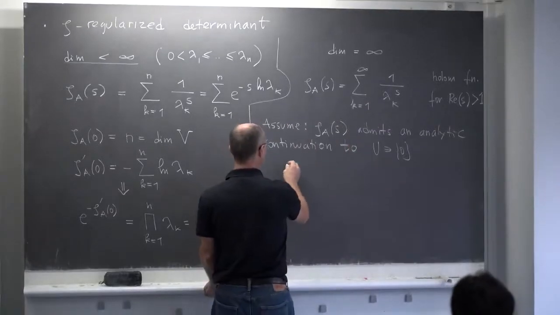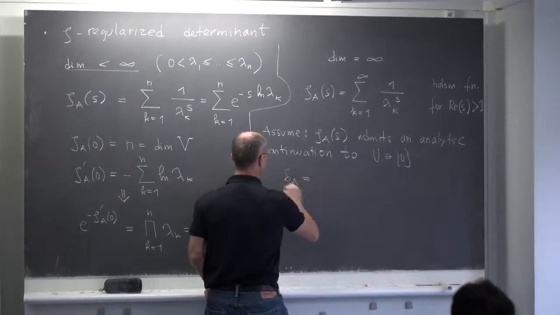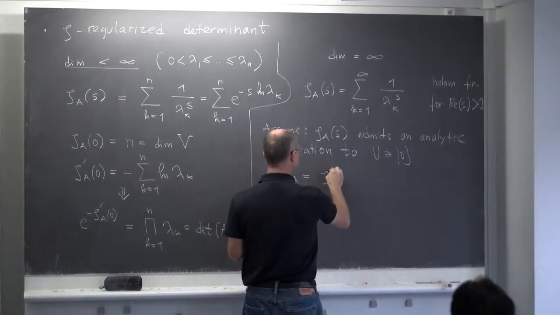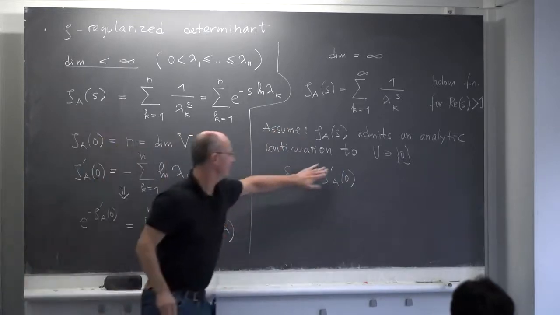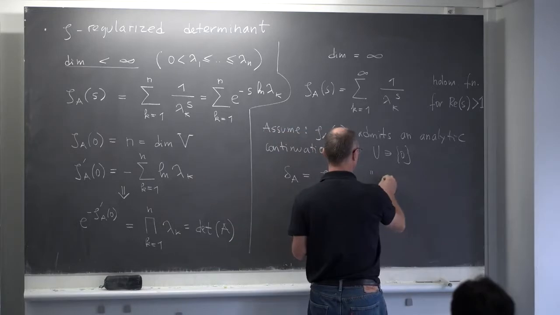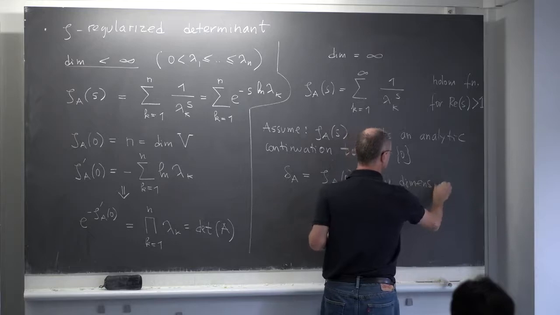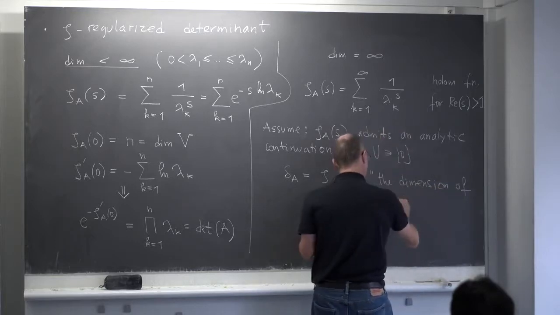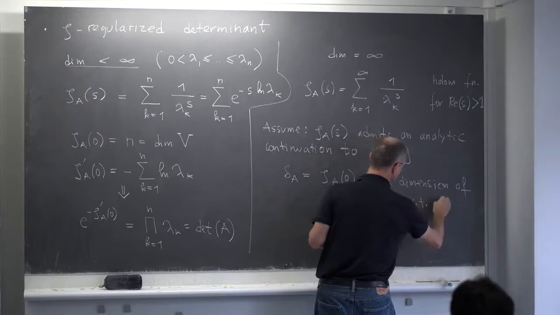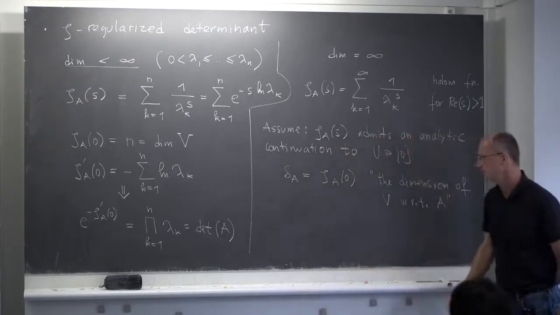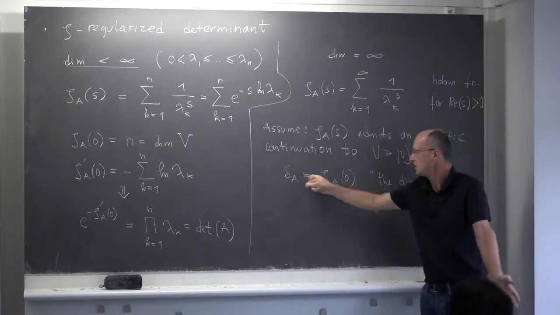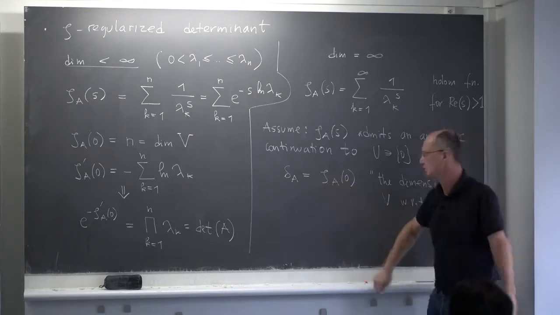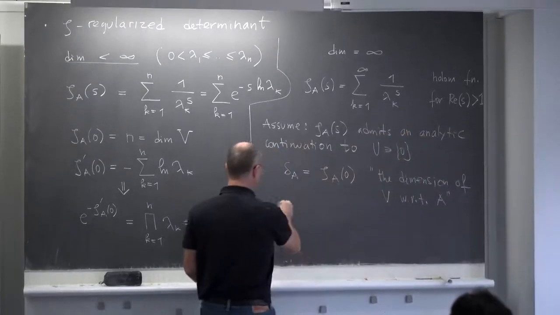So then we declare delta A, its value at 0, to be the dimension of V with respect to A, right? So now V is infinite dimensional, so it doesn't have any reasonable dimension, but delta A by assumption is some number. So we now say it is our dimension.